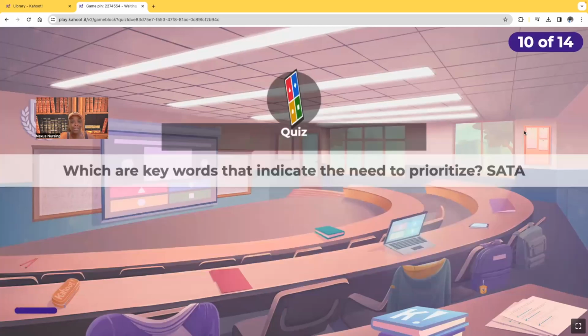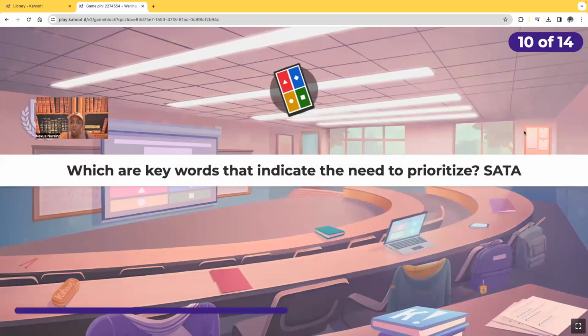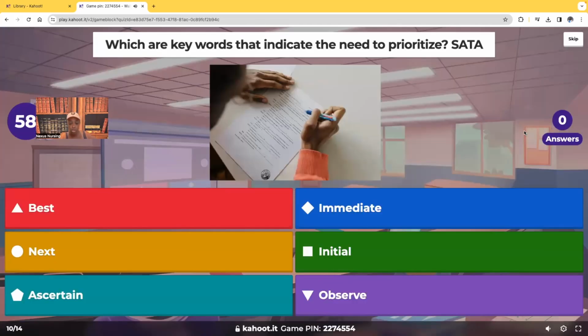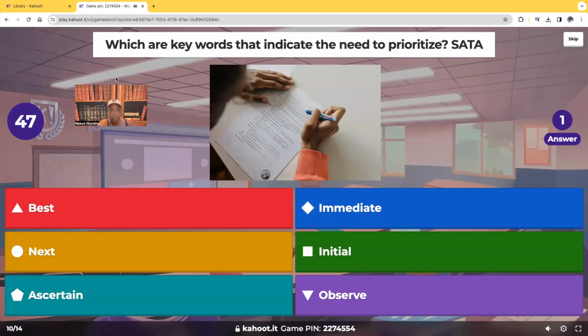Select all that apply. All right, which are keywords that indicate the need to prioritize? When you see these words, you know you have to prioritize. Here are your choices: best, immediate, next, initial, ascertain, observe.